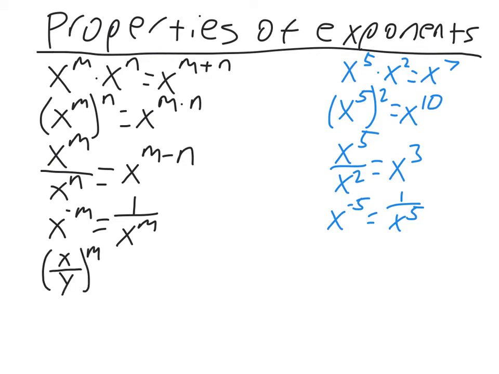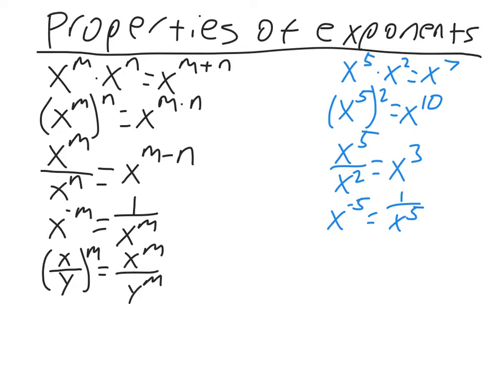If you have a fraction and the entire fraction is being raised to an exponent, everything in that fraction is being raised to the exponent. So x over y to the m is the same as saying x to the m over y to the m.